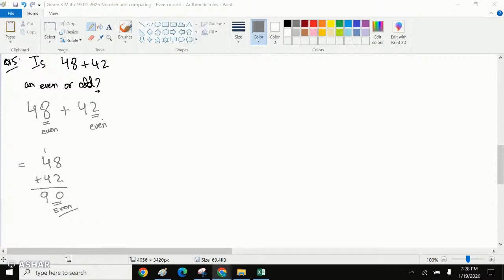Okay, let's see if I can have the answer quickly. For question number 16, it says, is 97 minus 67 an even number or an odd number? The question is 97 minus 67.